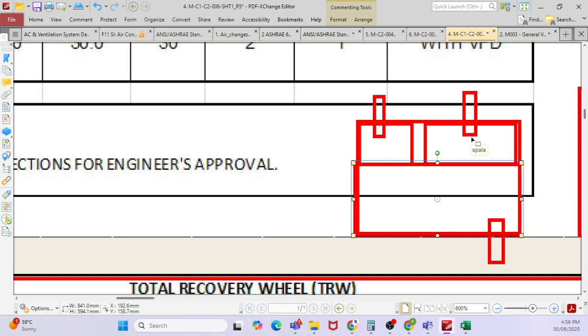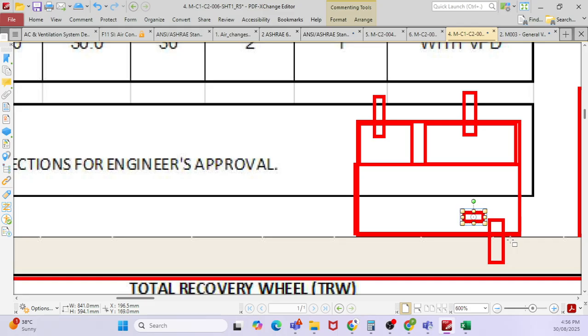Pantry means it will take the exhaust, but the air will be taken from here. So you are pumping the air and taking the air here, and you don't need to create a difference in airflow rate. If you have 100 liters per second, you take out 75 liters per second here and 25 liters per second here. So automatically you are creating positive pressure, and you can also make a neutral airflow rate.